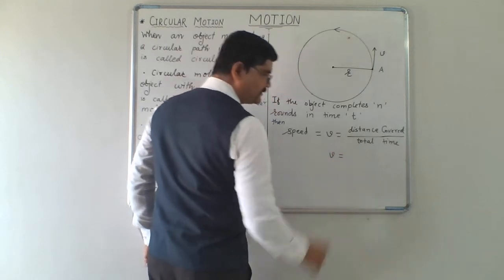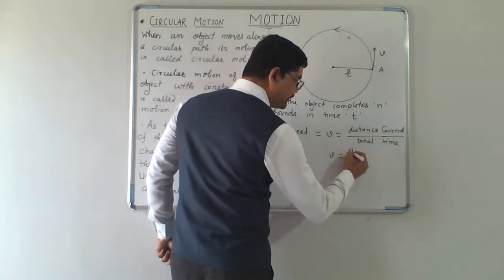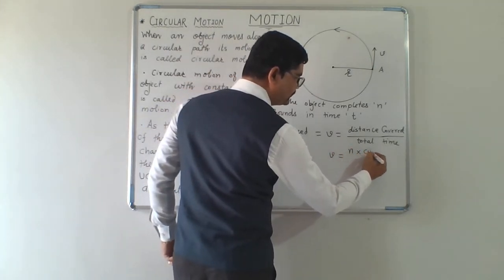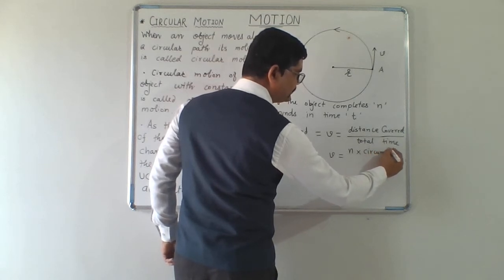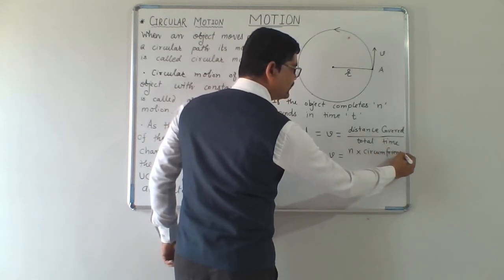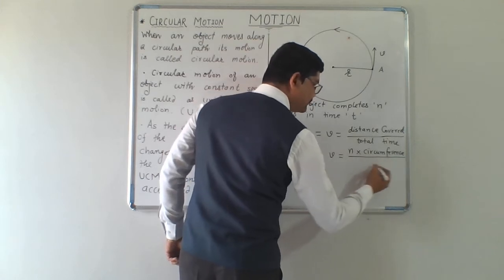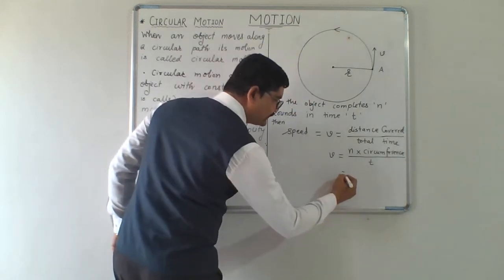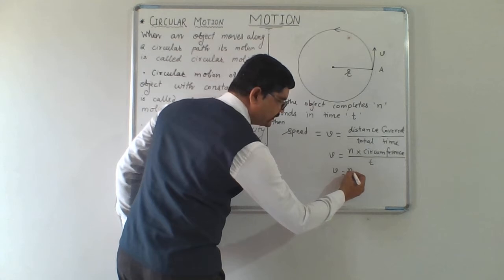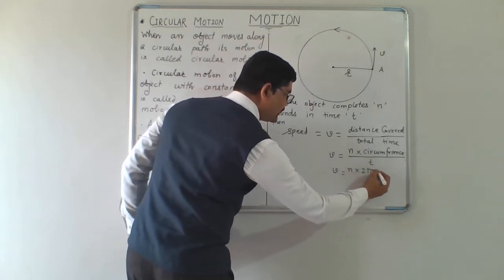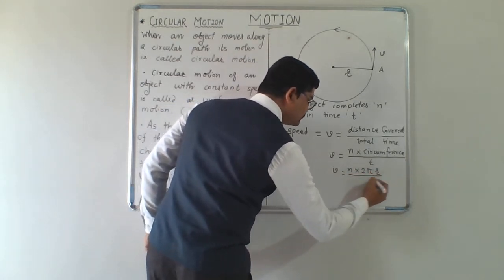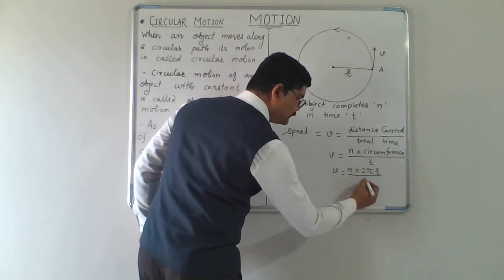Thus, V is equal to n times the circumference of the circle divided by the total time t. That is, V is equal to n into 2 pi r upon t. This will be the small t.